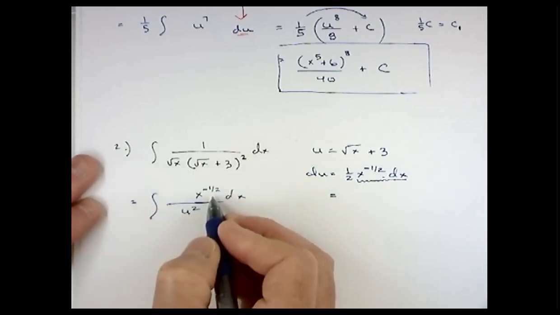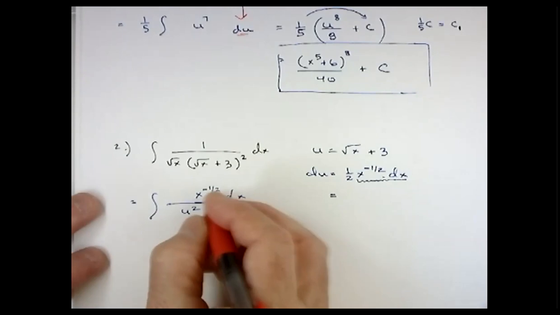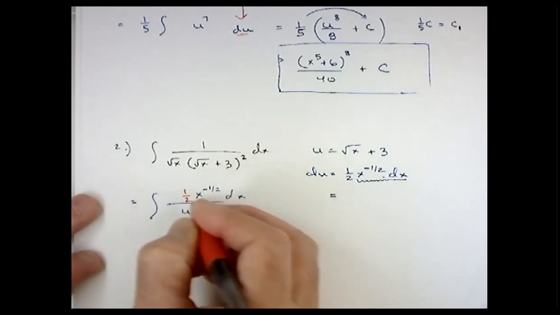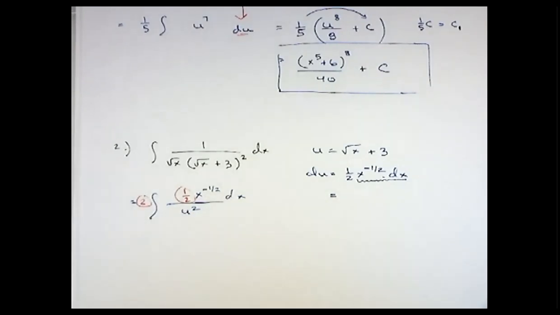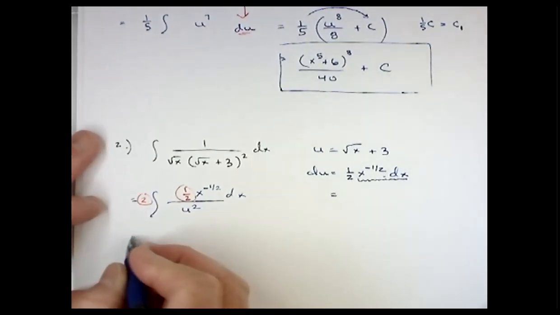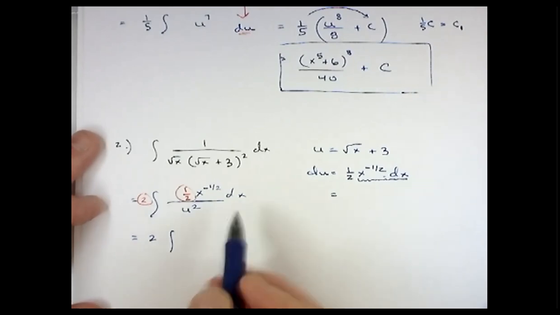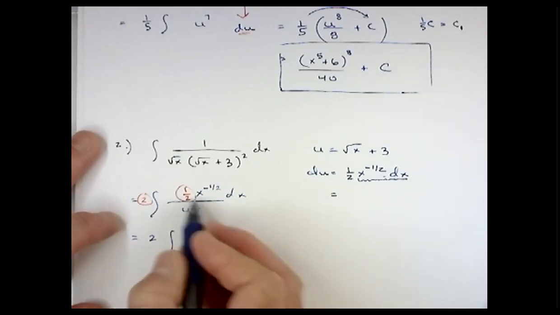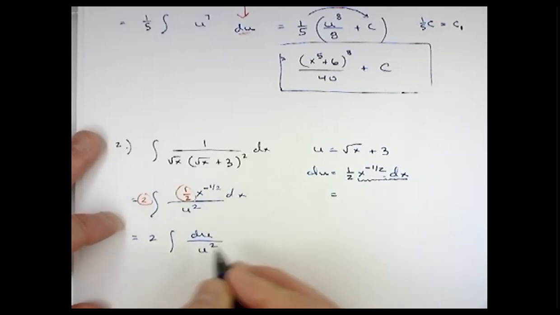This root x is really that. And so all I need to wish for in this case to make it work out is put a 1/2 there, and this time compensate with a 2. So then this whole numerator is du. The bottom is u squared.